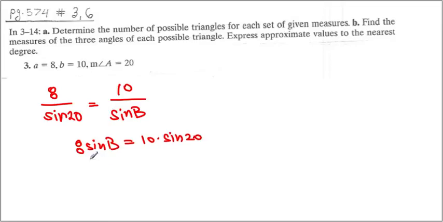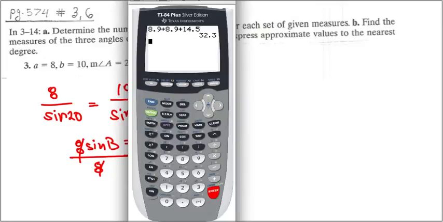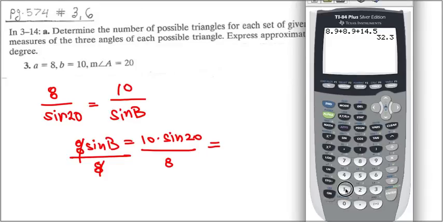When you divide by 8, we get to see something. Let's put that into the calculator. Ten times sine of 20 degrees divided by 8.